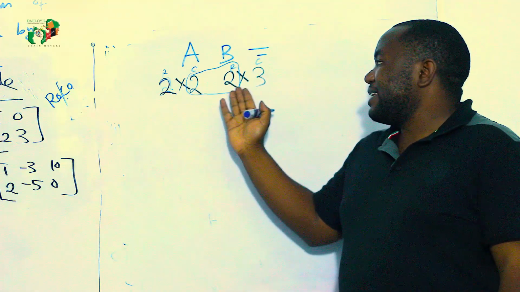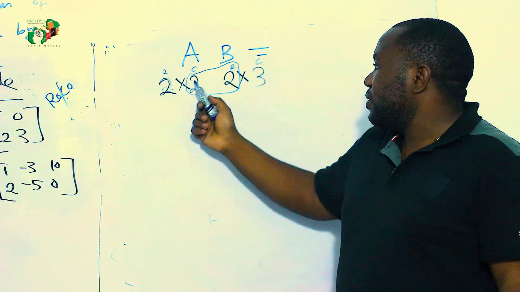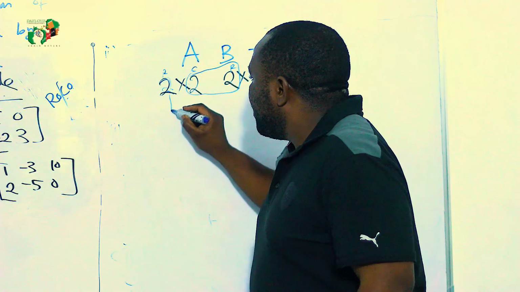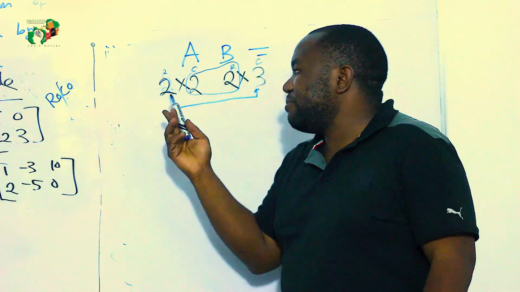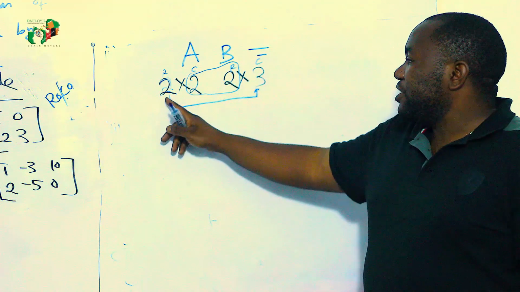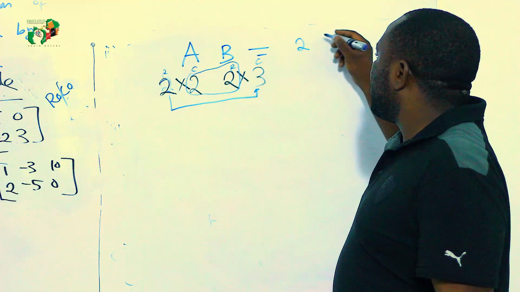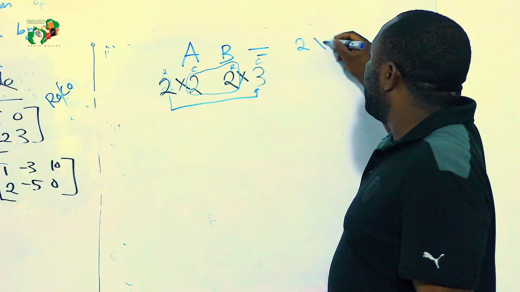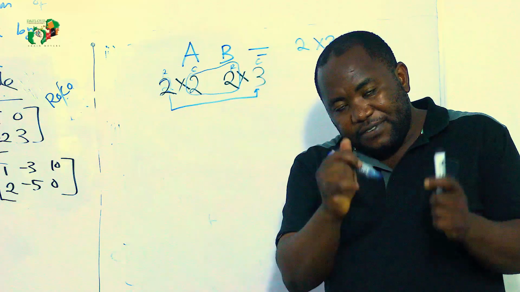Therefore, these can be multiplied because these two are the same. And then we said the first matrix rows and the second matrix columns give you the final answer. So the final answer is going to be the product, which will be a 2 by 3 matrix. Now, we have exhausted the first point.